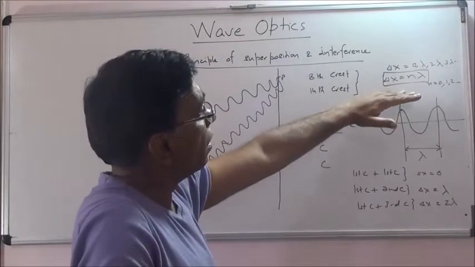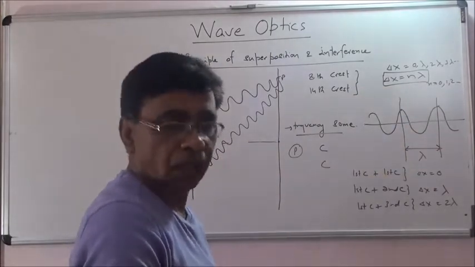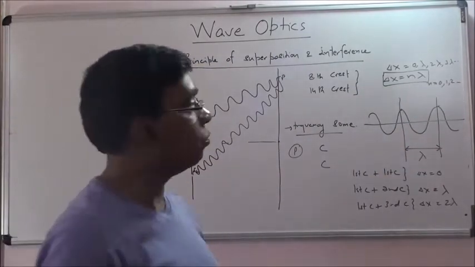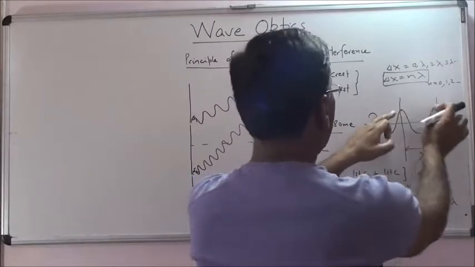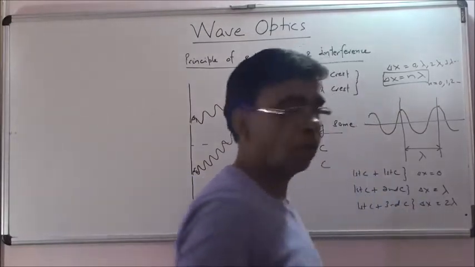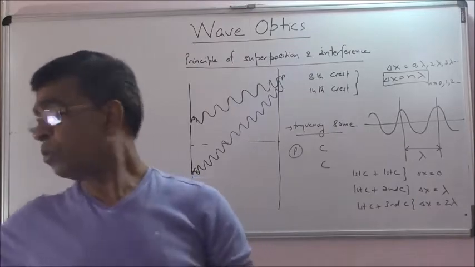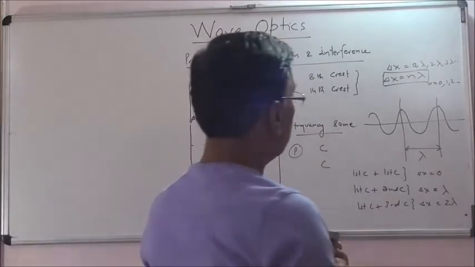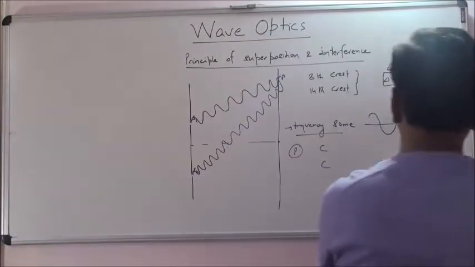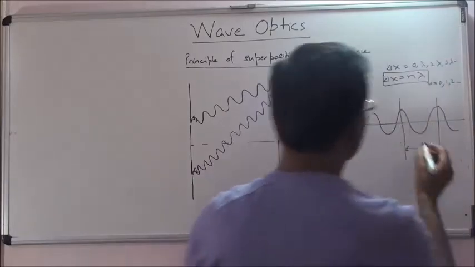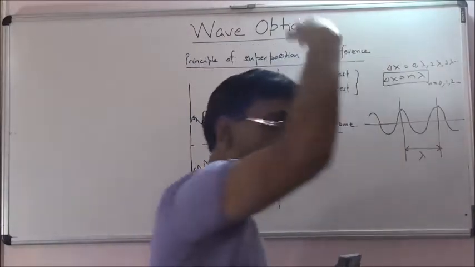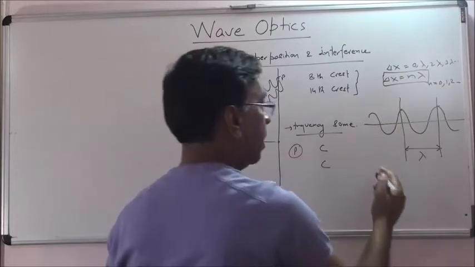We have worked in terms of path difference. I can take it in terms of phase difference too. What is the phase difference between these 2 points? Lambda corresponds to how much phase difference? Phase difference means one full cycle forward, or one cycle backward.